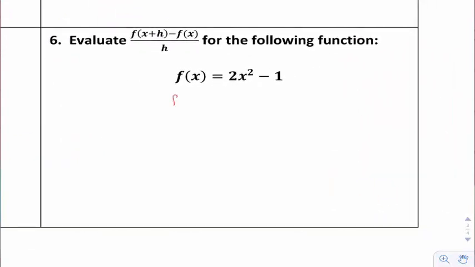For this one, we have to find f of x plus h before we solve this. So this is going to be 2 times the quantity x plus h, squared, minus 1. That is f of x plus h. You take your x, you change it to x plus h. So that's going to be 2 times x plus h times x plus h. You got to FOIL that out, which is just the distributive property.